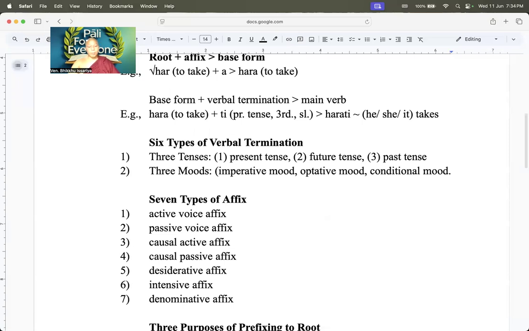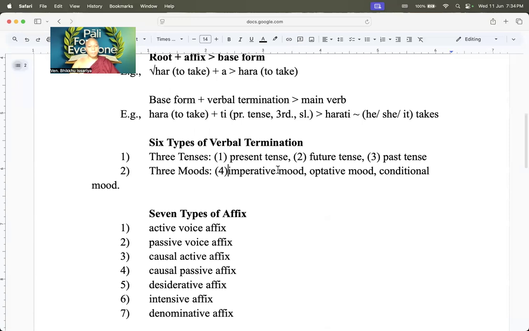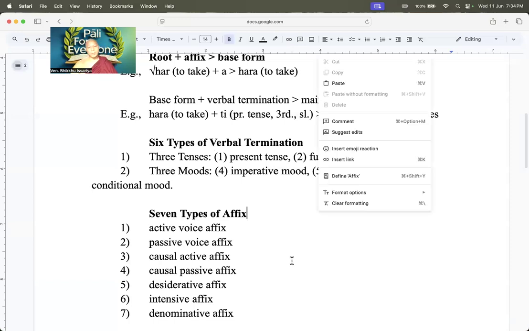We have the moods before: we have 5, and the last one 6. Okay. So now, present tense.